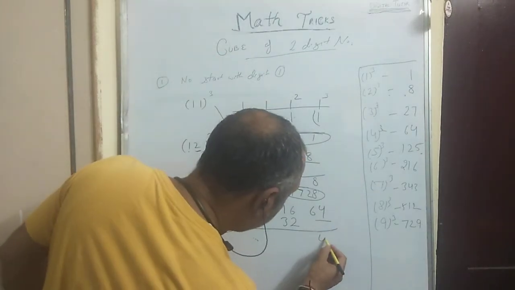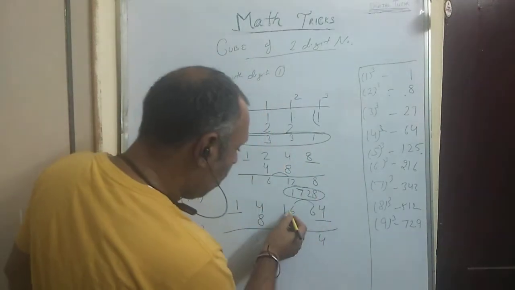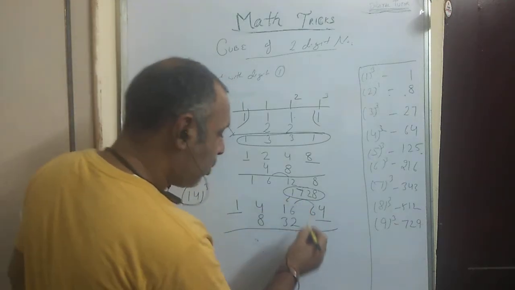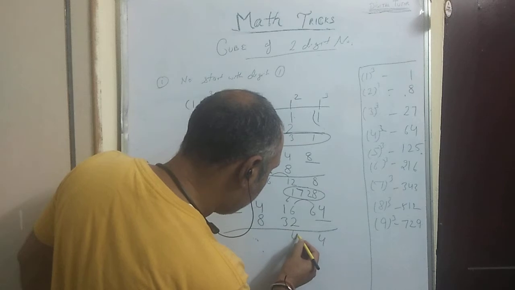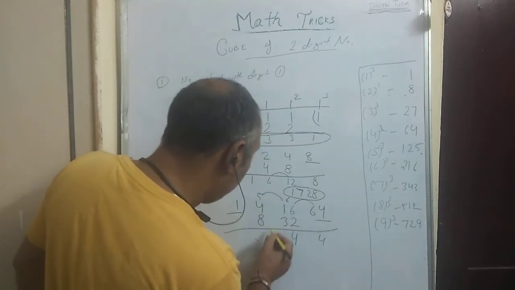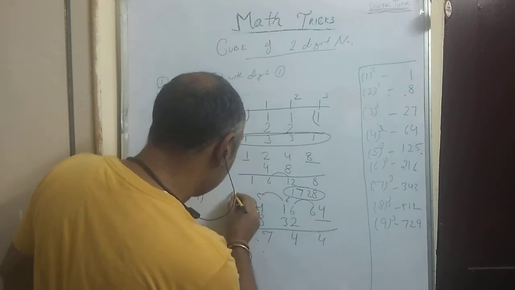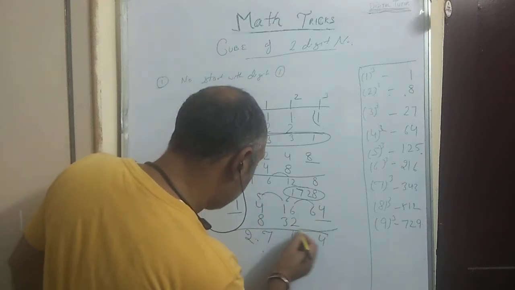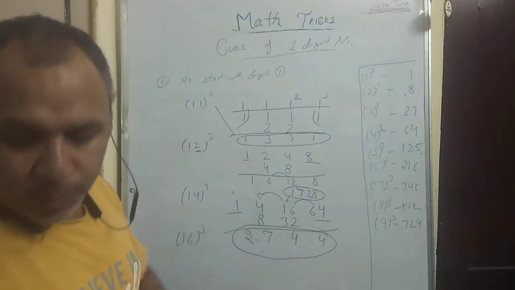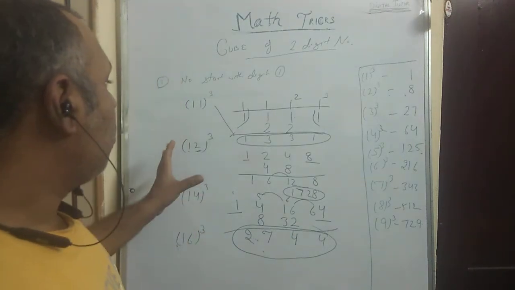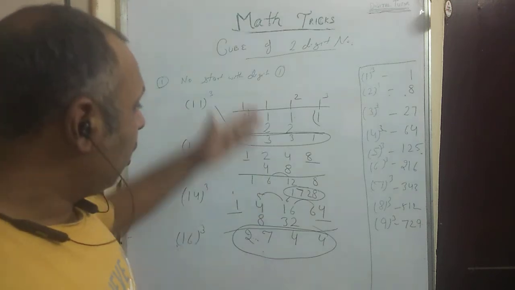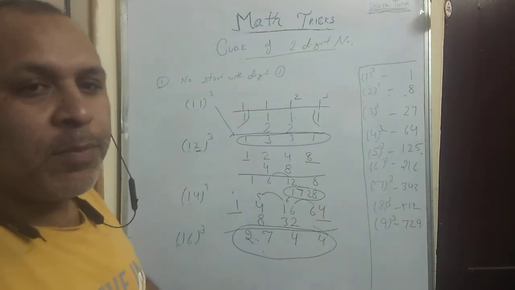So 4, 6 is carry. 16, 32, 48, 48 and 6, 54. 4, 5 carry. 12 plus 5, 17. 7, 1 carry. That is 2. So that is the answer, cube of 14 is 2744. Clear friends? Solve the same way for 13, 15, 16, 17, 18, 19, same as usual. I think clear? Okay.